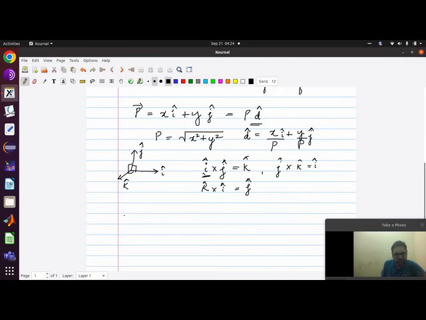So if you are writing these in vector form, i cap is nothing but 1, 0, 0. It has magnitude of 1 in x direction. j is similarly 0, 1, 0, and your k is 0, 0, 1. Okay.